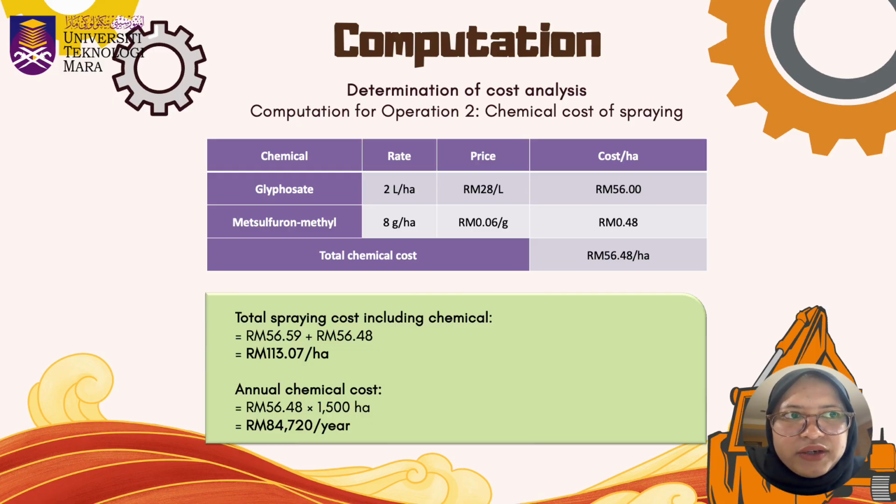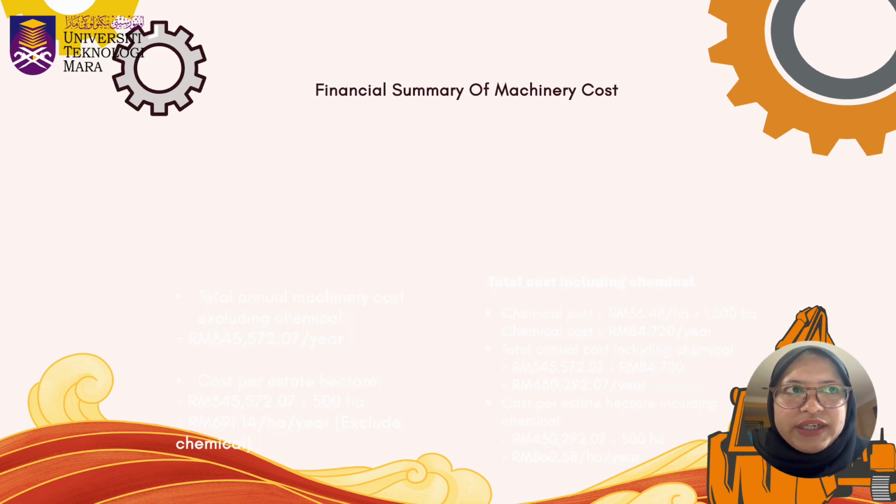The total spraying cost including chemical is RM 113.07 per hectare, and the annual chemical cost is 84,720 per year.